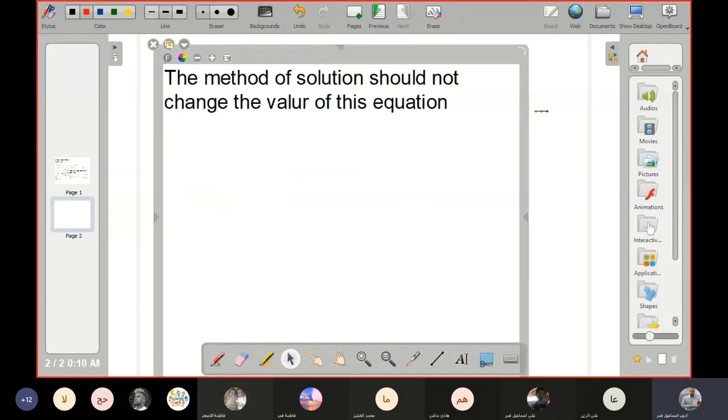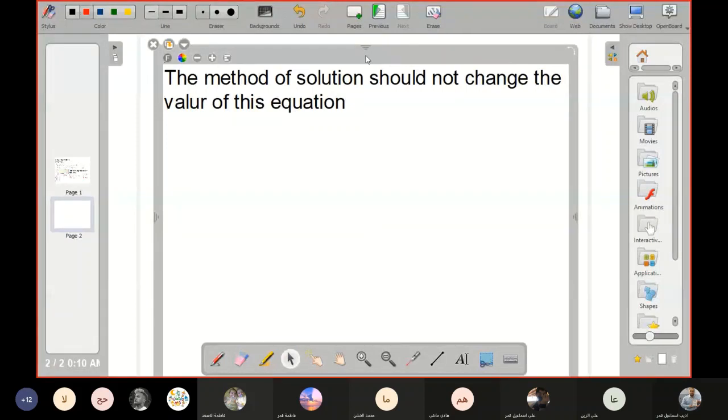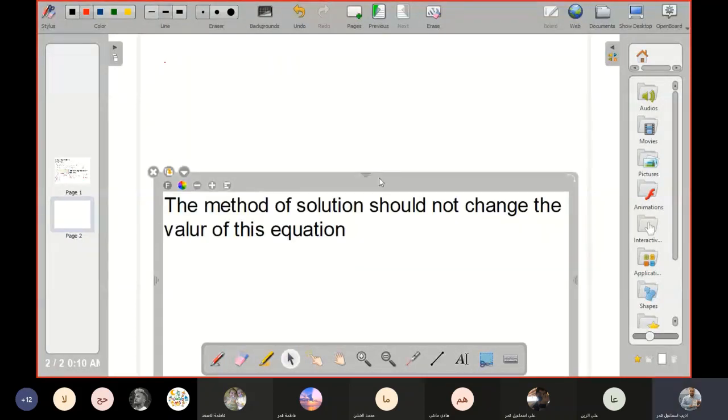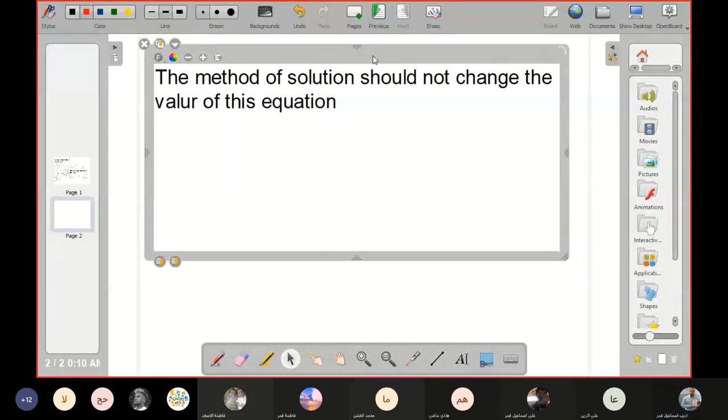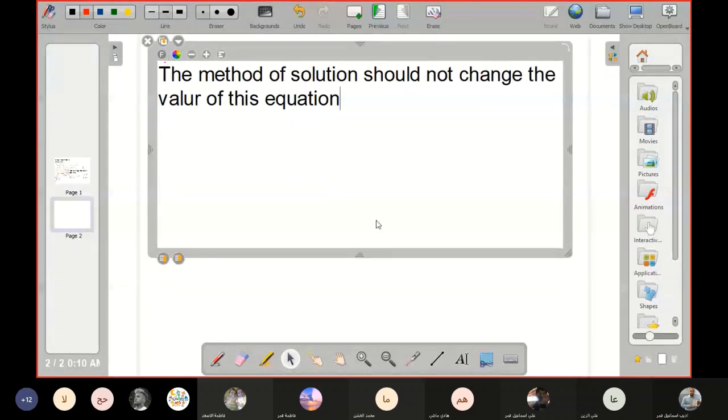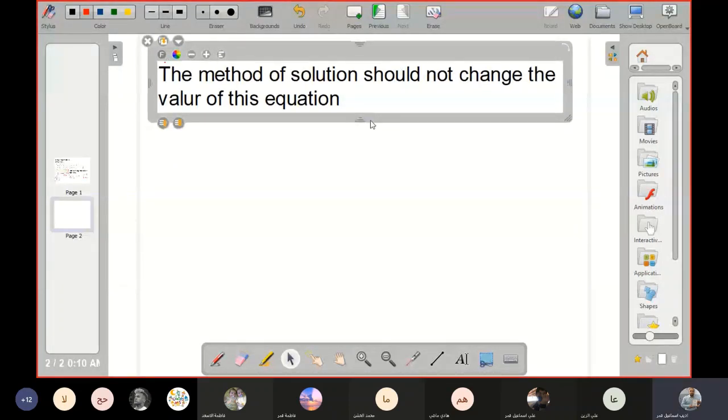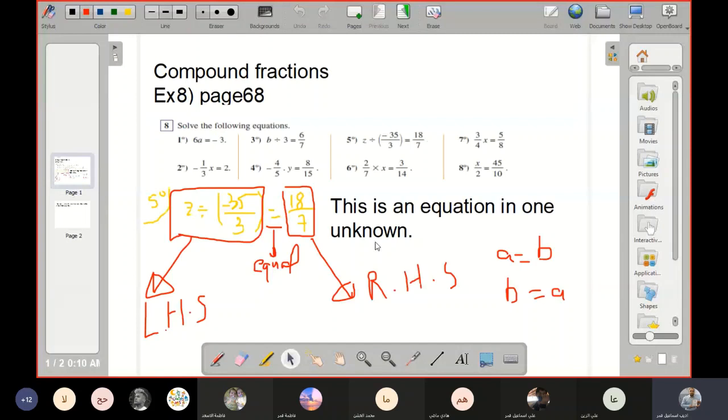This is an essential note that should be known necessarily. I choose methods to keep the equal for both sides.